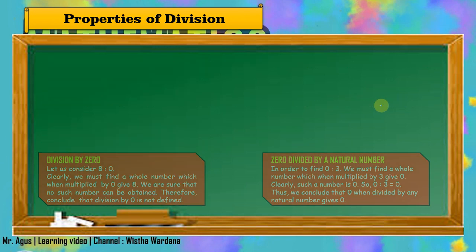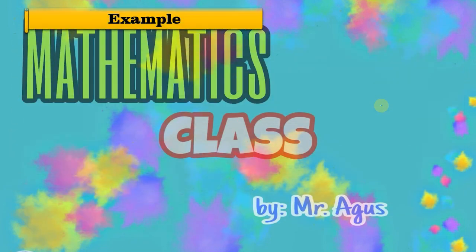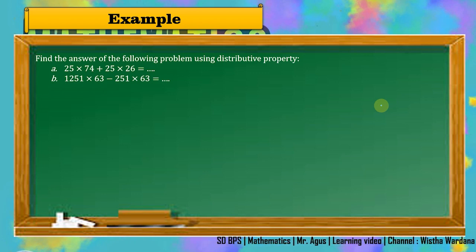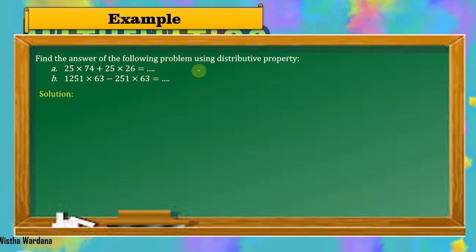Okay, let's move to the next slide. Like I told you before, I will give you more explanation about the distributive property. For example, if you get a question like this: find the answer to the following problem using the distributive property.